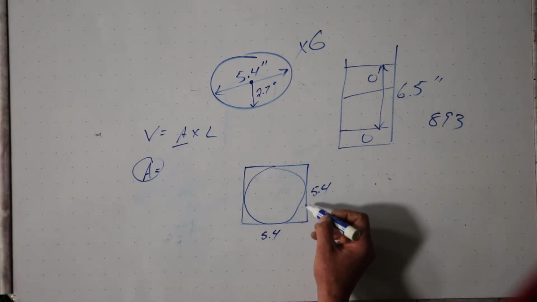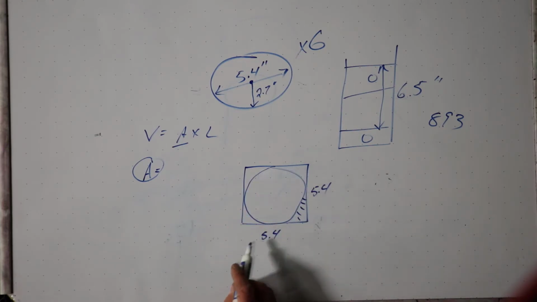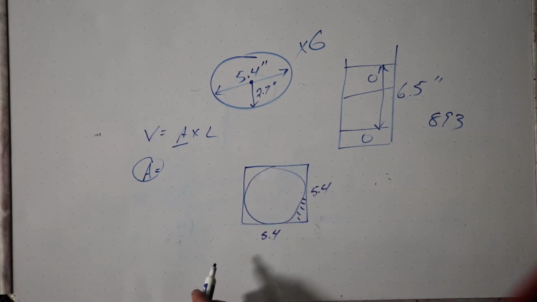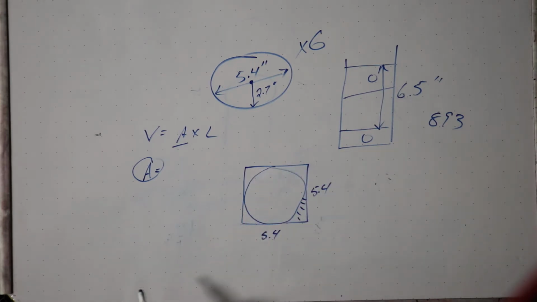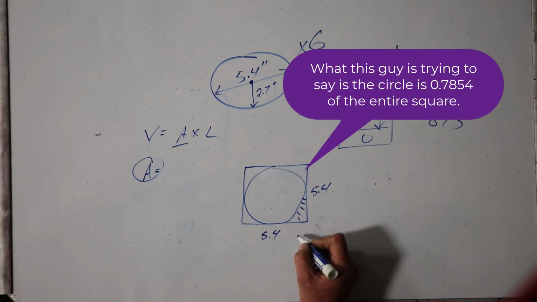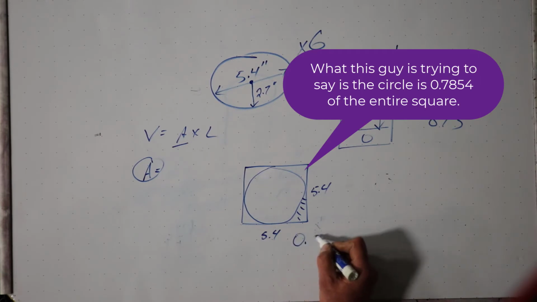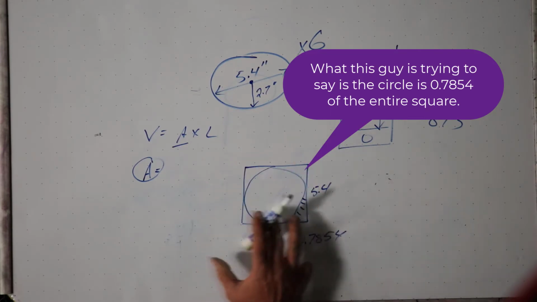If I did a whole bunch of funky math and figured out the area of these little triangles around the outside, and figured it out as a percentage, it would work out that the area of the circle is just over 0.75 of the whole thing.